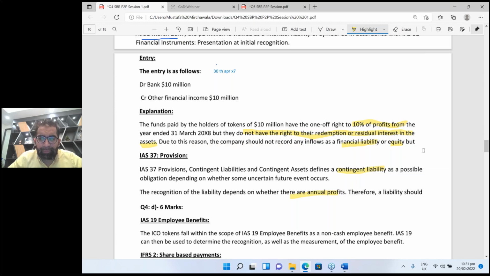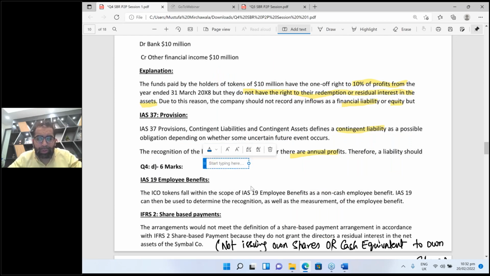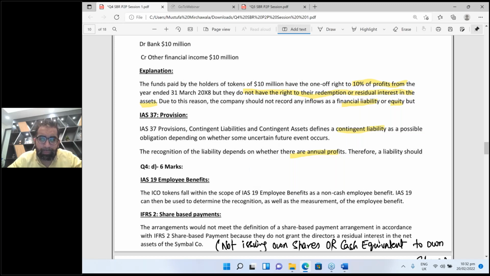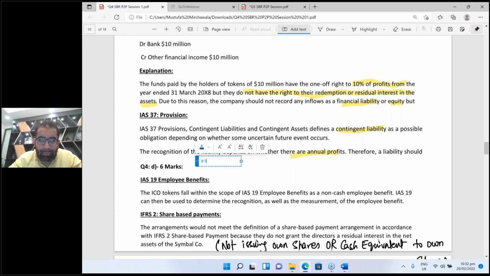Therefore, a liability should be booked if the company gets confirmation of profits in the year ended 31st March X8, right? That's it.